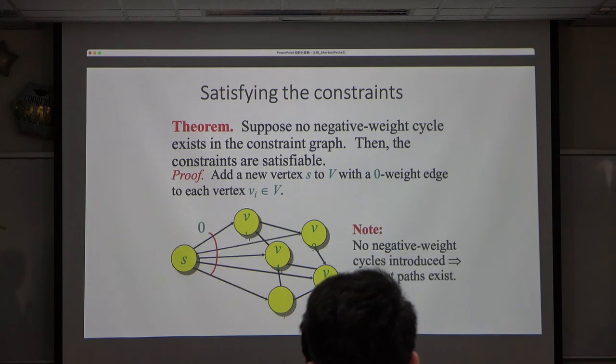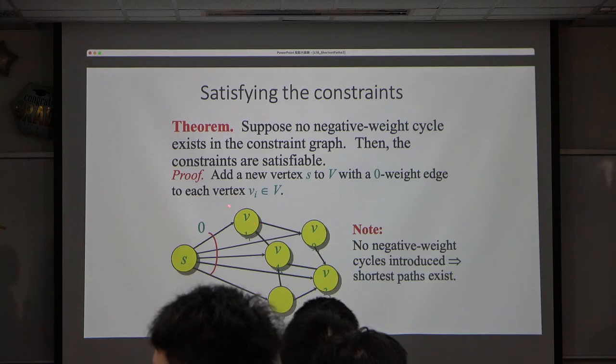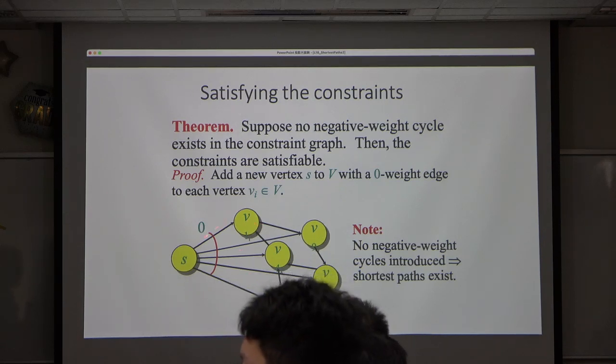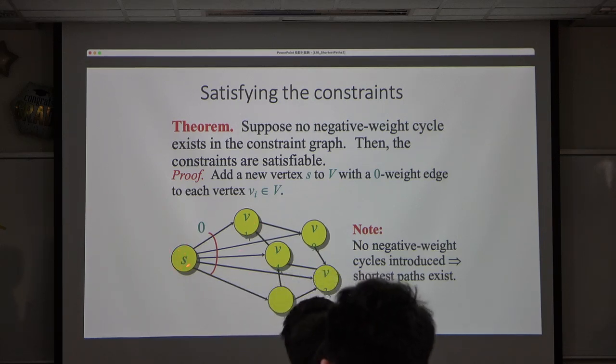So it's something like this. It does not change the original graph. We just add this new node and then add a zero weight edge to each of the vertices.